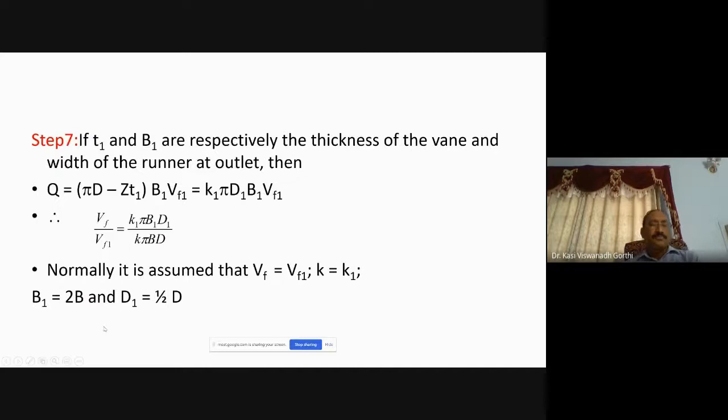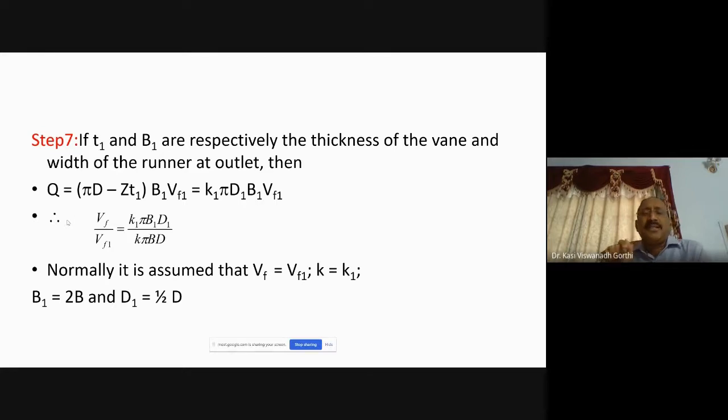U1 is known. Now, based on the discharge equation, as we have already seen, Q will be equal to K pi D B Vf, which would also be equal to K1 pi D1 B1 Vf1.